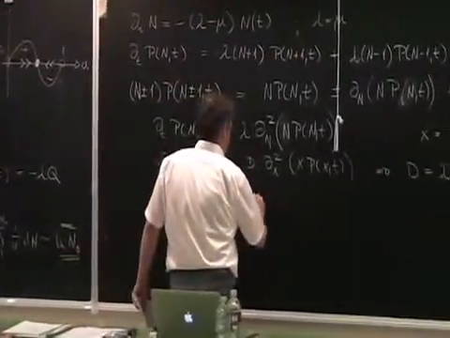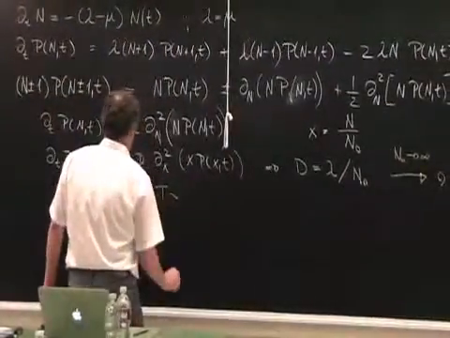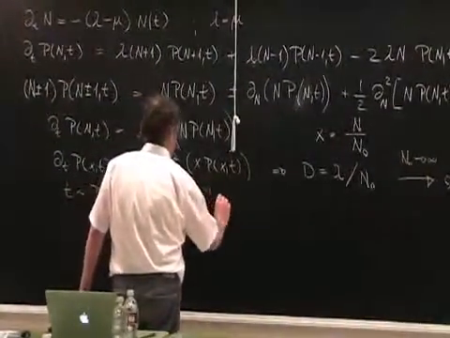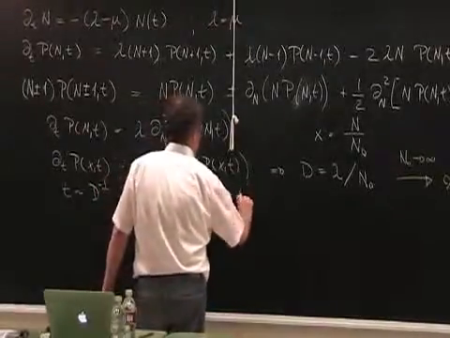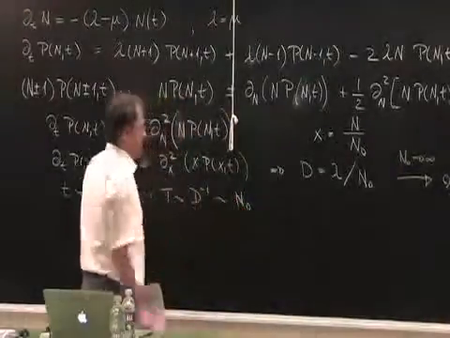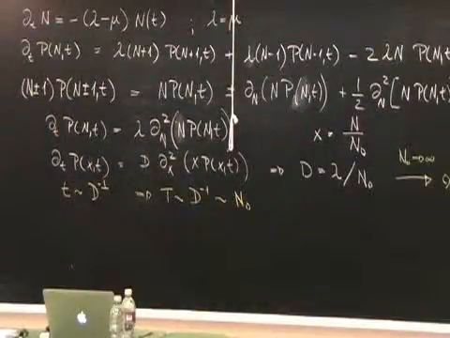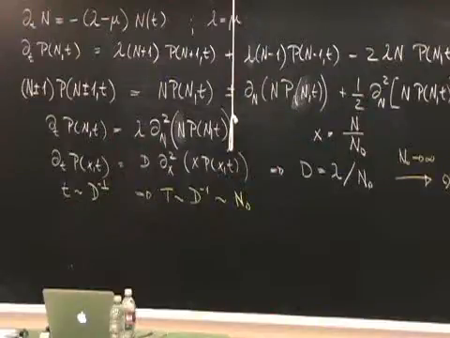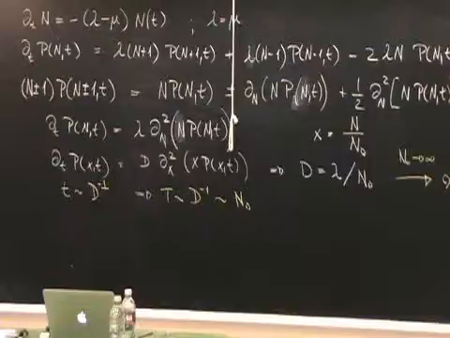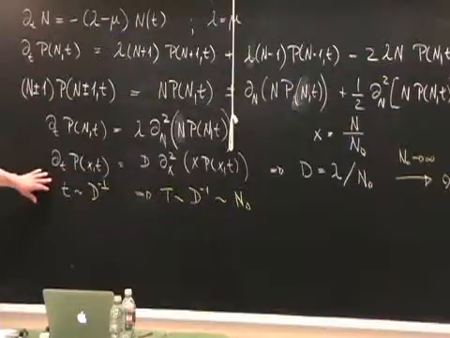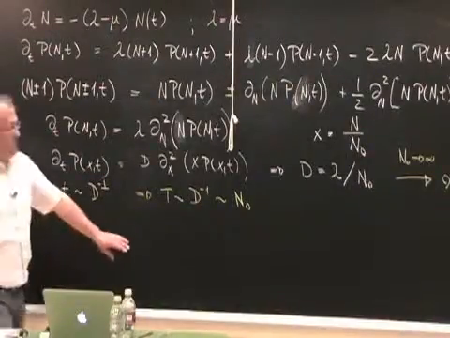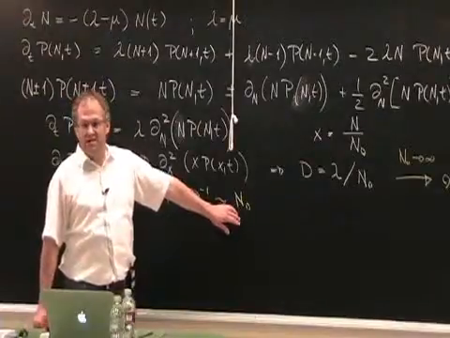So my extinction time is proportional to epsilon to the minus 1, which is proportional to n naught. So in distinction to the case where you have an attractive fixed point and the extinction time scales logarithmically in n naught, for the neutral case you have an extinction time which scales as the population size.